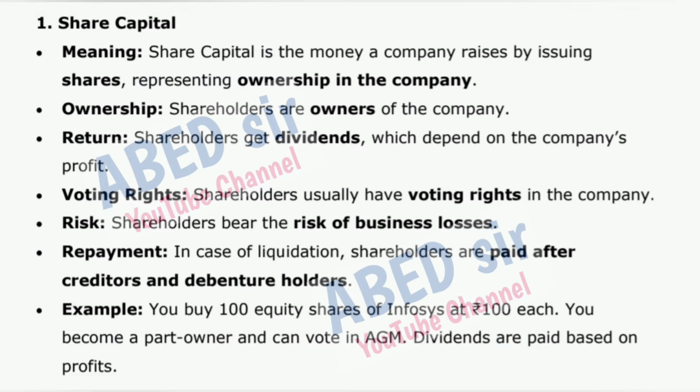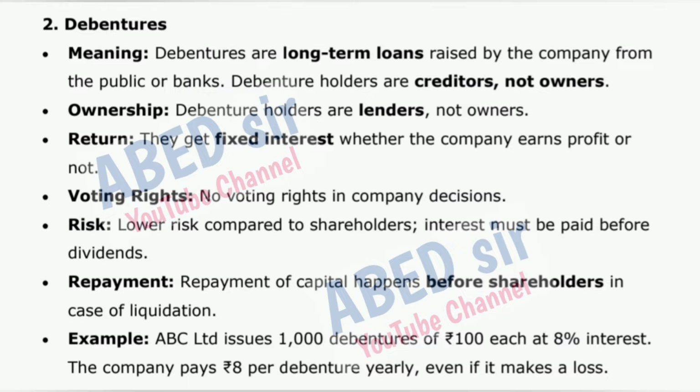Example: you buy 100 equity shares of Infosys at 100 rupees each. You become a part owner and can vote in the AGM. Dividends are paid based on profits. 2. Debentures. Debentures are long-term loans raised by the company from the public or banks. Debenture holders are creditors, not owners.